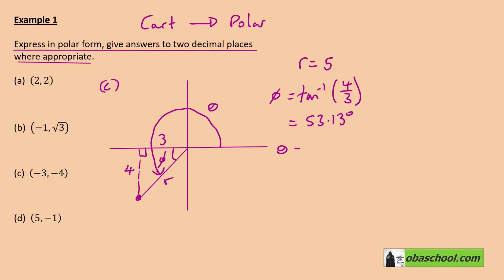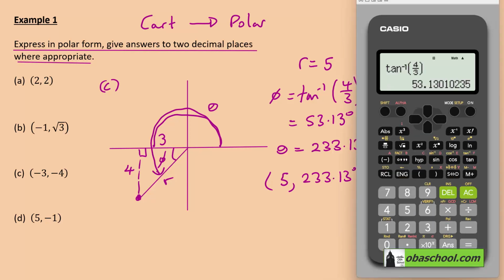And that means that theta is going to be 180 plus that. So that's going to be 233.13 degrees. So we have (5, 233.13 degrees).